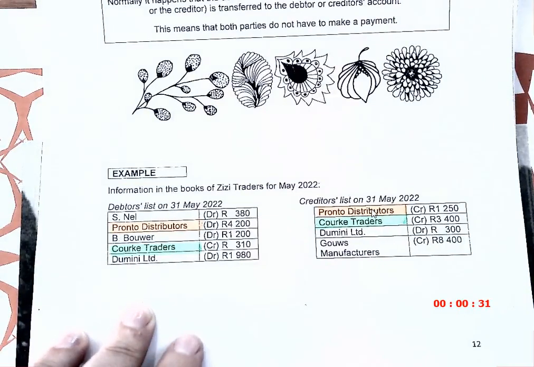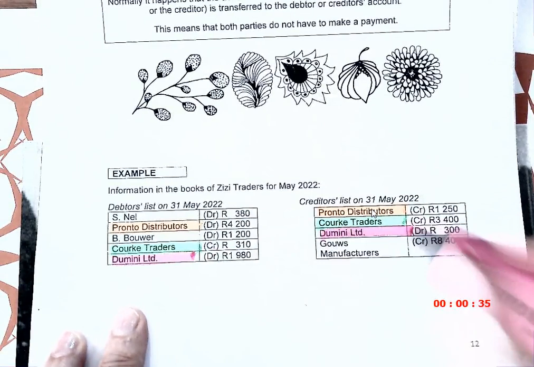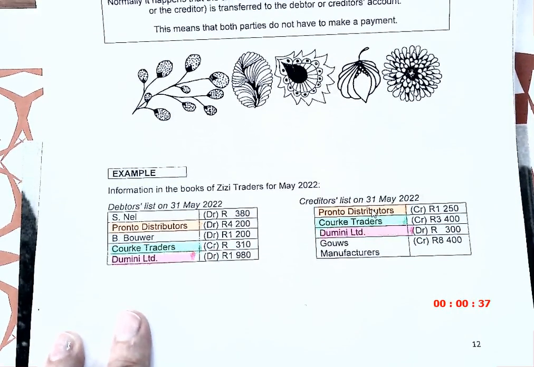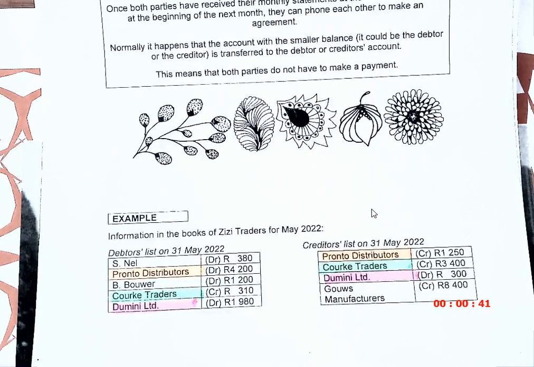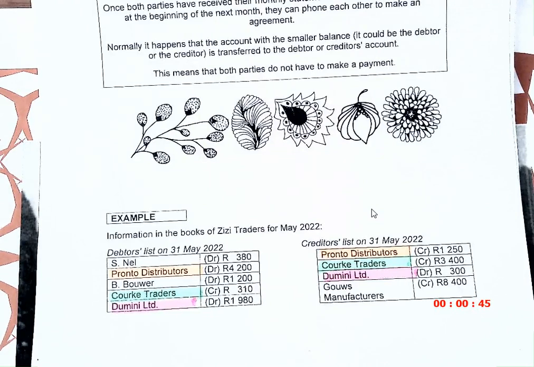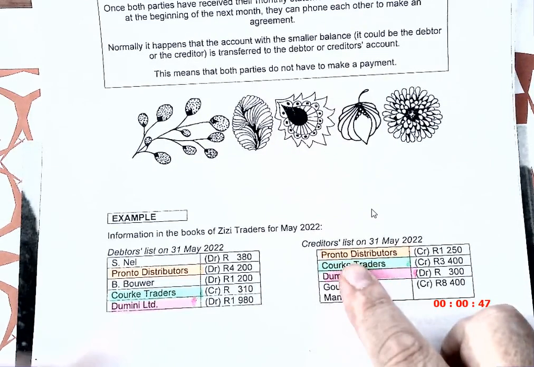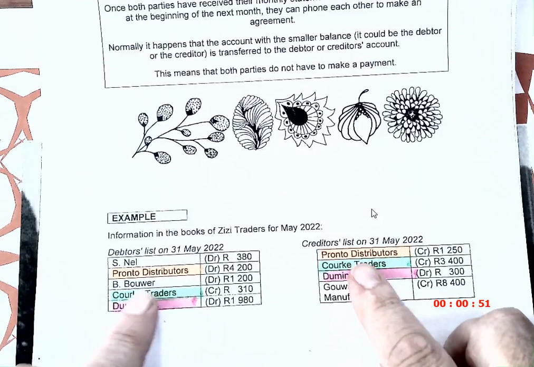Can you see here's a Domini and here's a Domini? So what does it mean? It means that Pronto, and whatever I say about Pronto now is also for Cork and Domini.